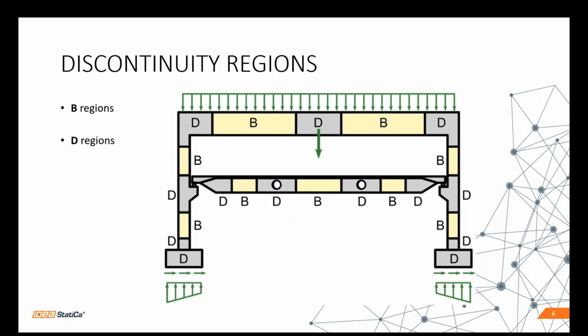And to design and code-check such regions, these discontinuity regions, the most commonly used method is the strut and tie method, where you do the equivalent truss model and do the calculation mostly manually.